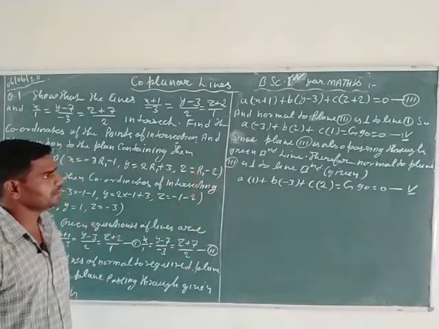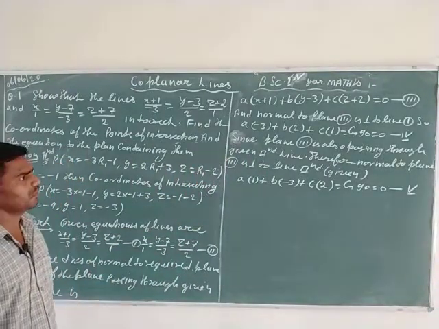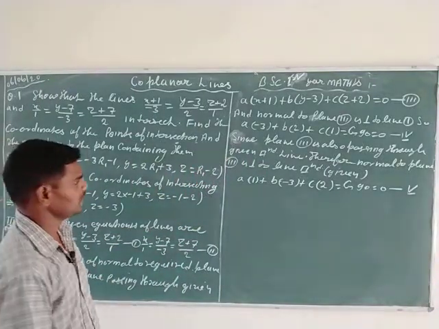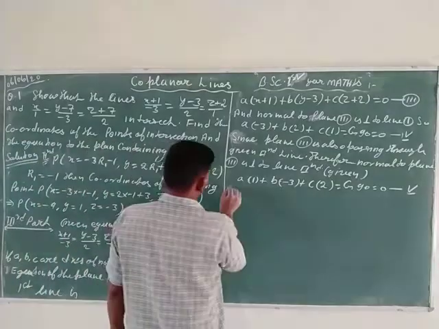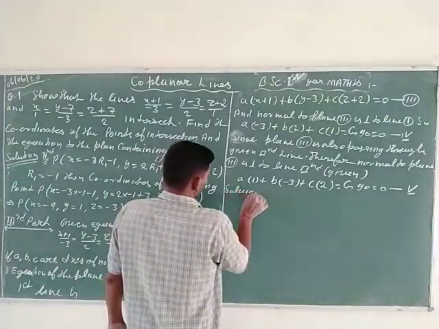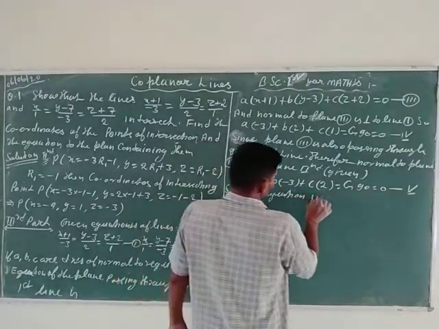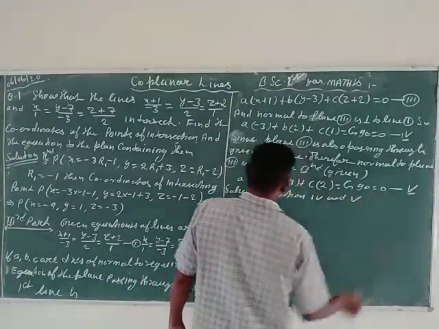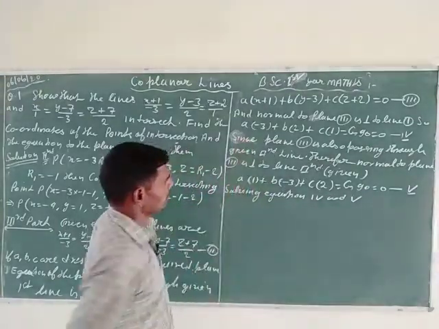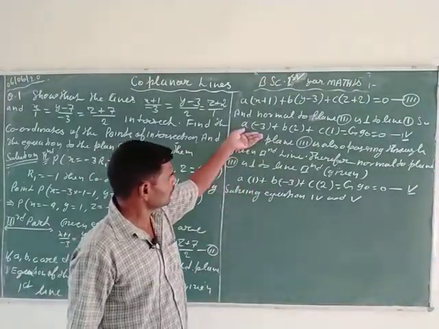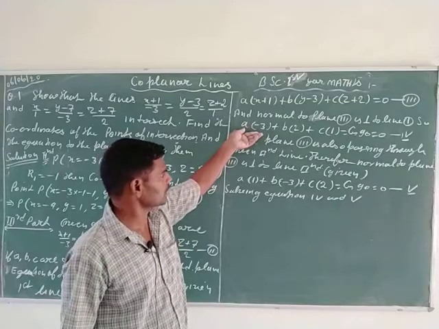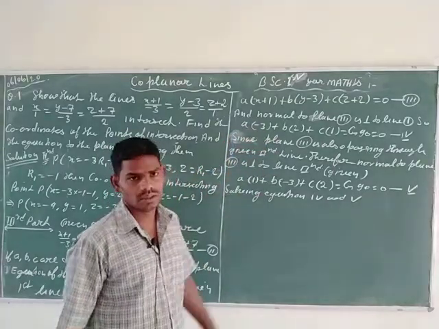So we have equations 4th and 5th. Now solving equations 4th and 5th. The number of unknowns is 3, a, b, c, but the equations are only 2.